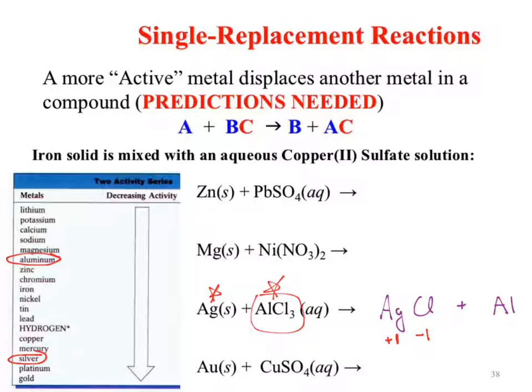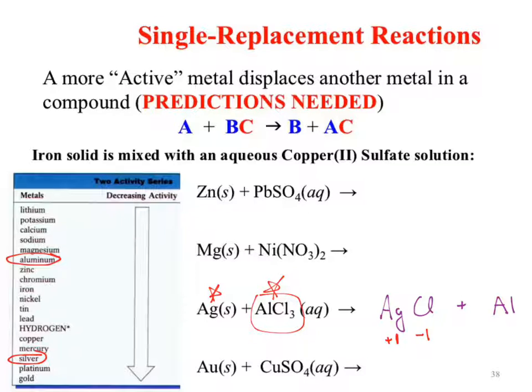That's what a chemical reaction means. If I layer in the information from the activity series, it says that silver wants to be by itself. So when I mix silver with aluminum chloride, what happens? Nothing happens. No reaction occurs.